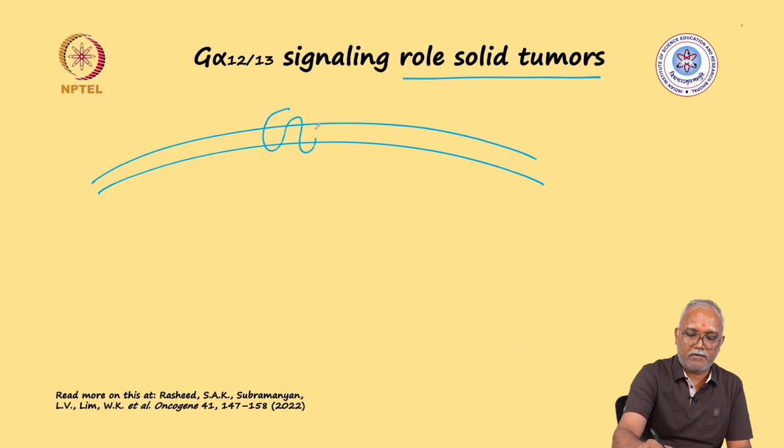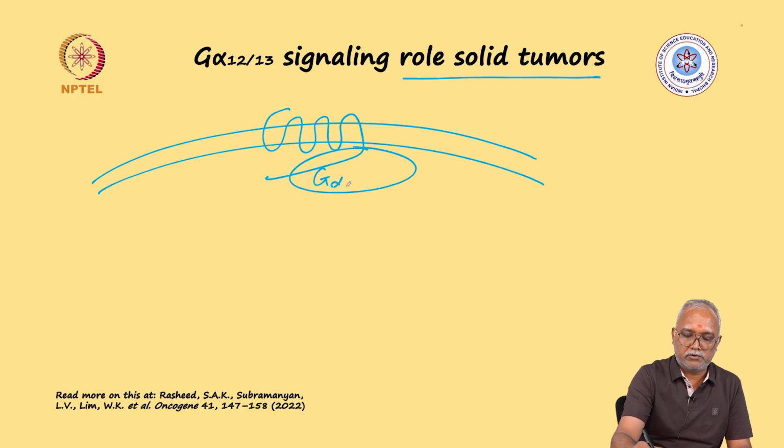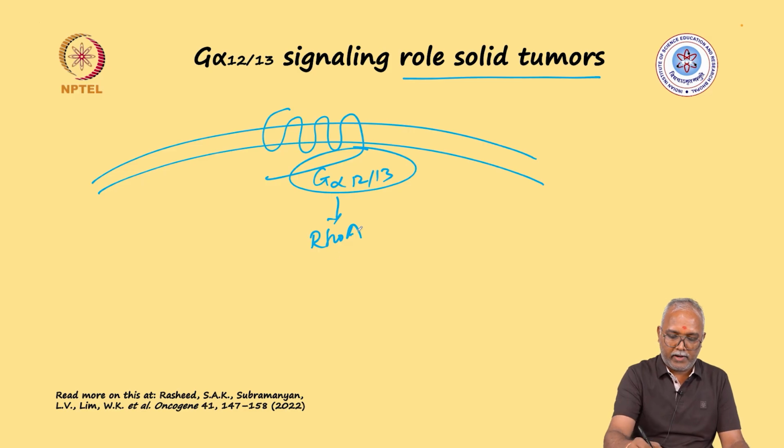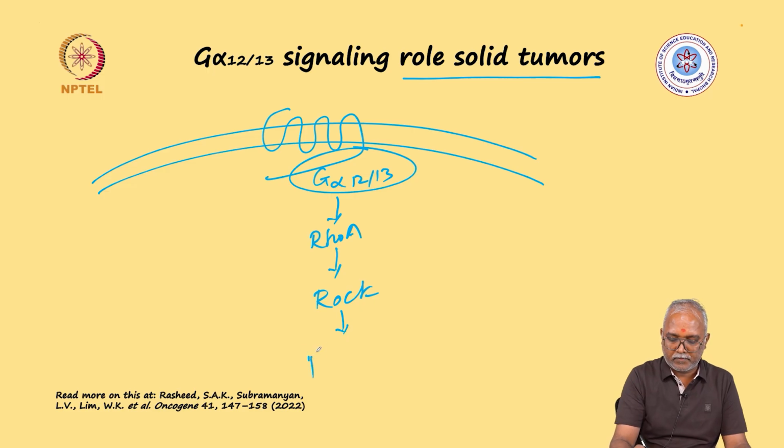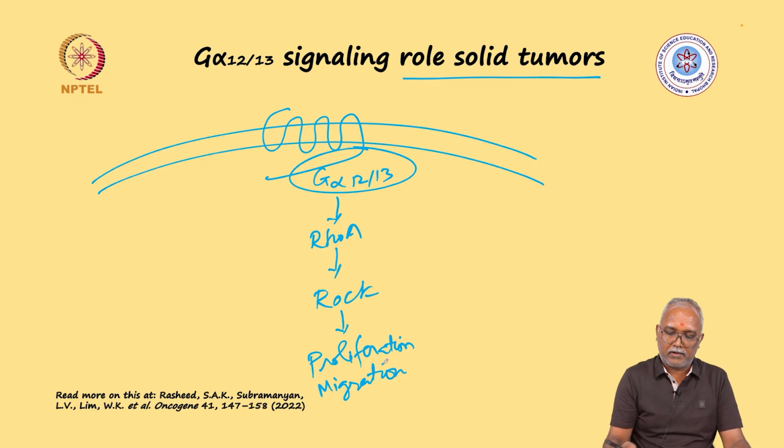So this receptor binds to G alpha 12-13 and activates RhoA, which will work through the ROCK, and eventually it will cause proliferation, migration, the hallmark of tumors and so on. This is the main role which it is playing.